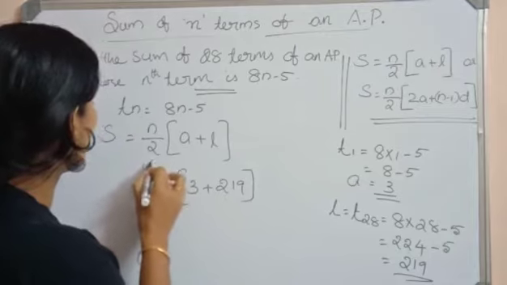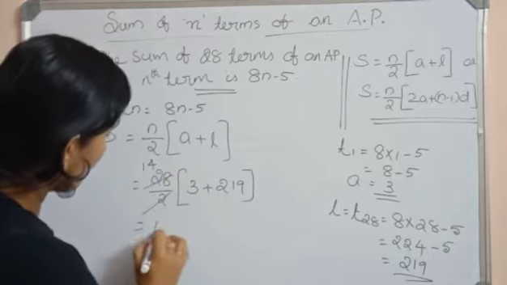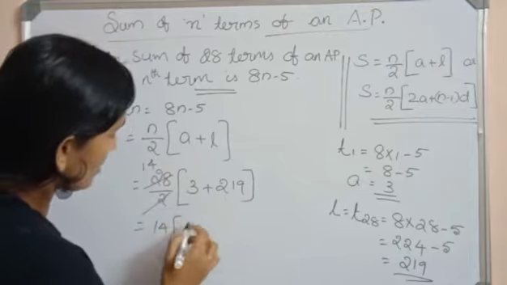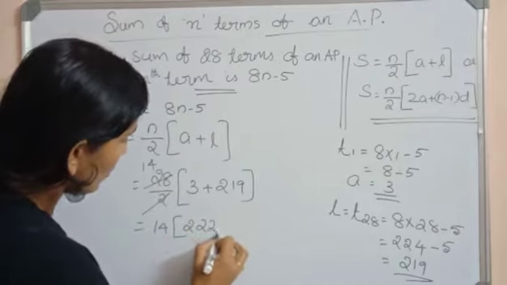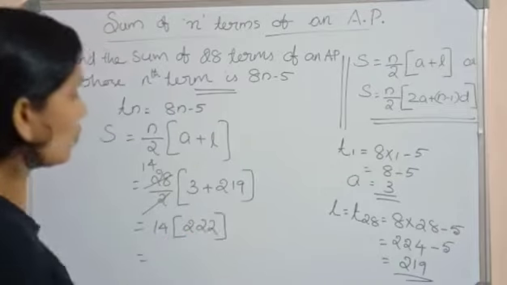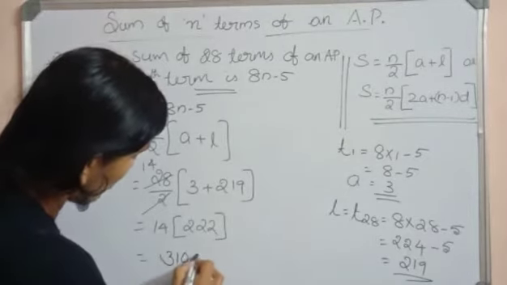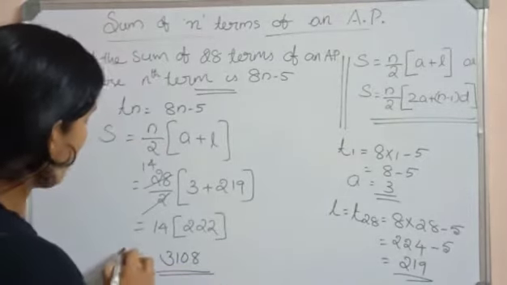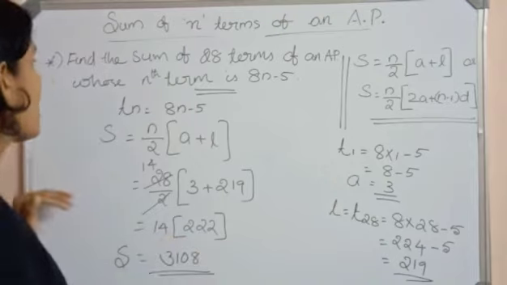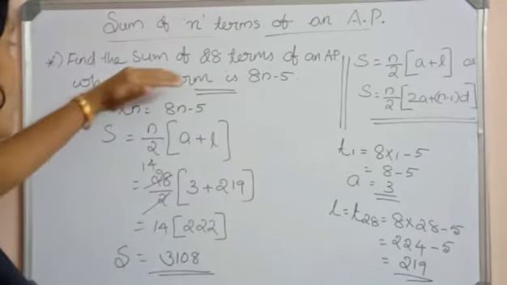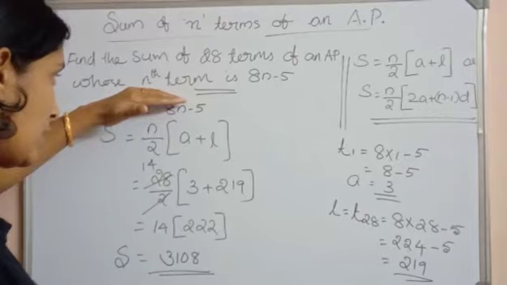Cancel, this will be 14, and this is equal to 14 into (219 plus 3, which is 222). When you multiply these two, you will get 3108. That is the sum of 28 terms of this particular AP where the nth term is given as 8n minus 5.